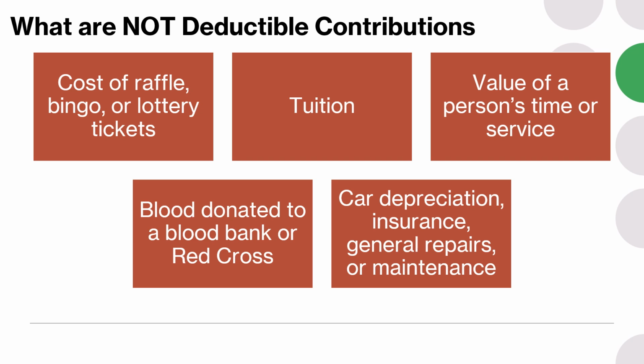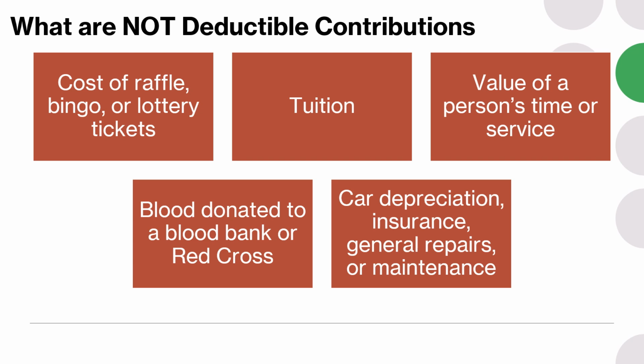And then the value of a person's time or service. So in this example, say that the taxpayer is a tax professional and they donate their time providing tax services. Well, they can't say my time is worth this much, and so I'm going to deduct this much on my Schedule A. That doesn't count.